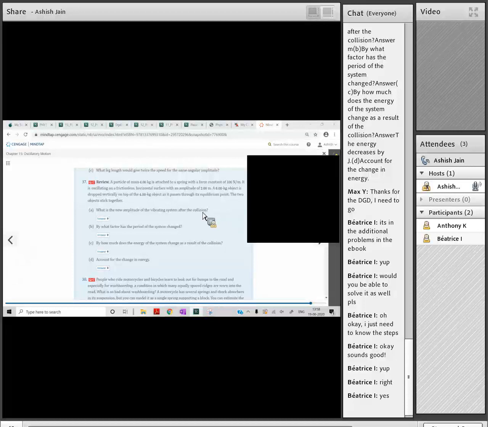That means you apply the momentum conservation. So before and after, to find that, you need to find the maximum velocity that is given as omega A, right? So the momentum before and momentum after.